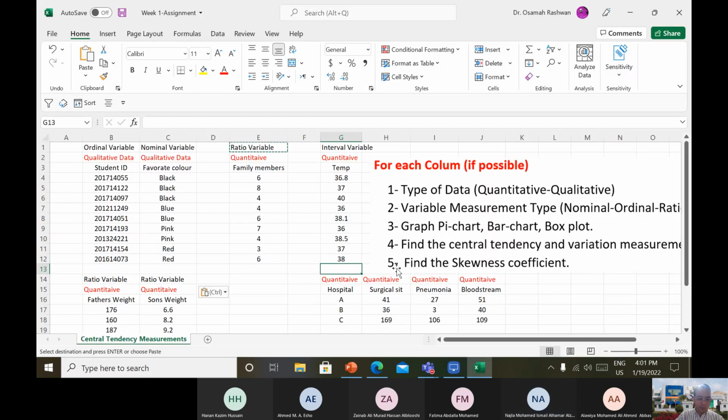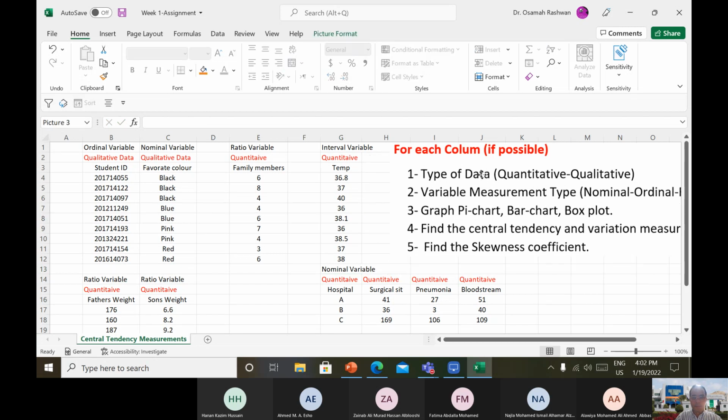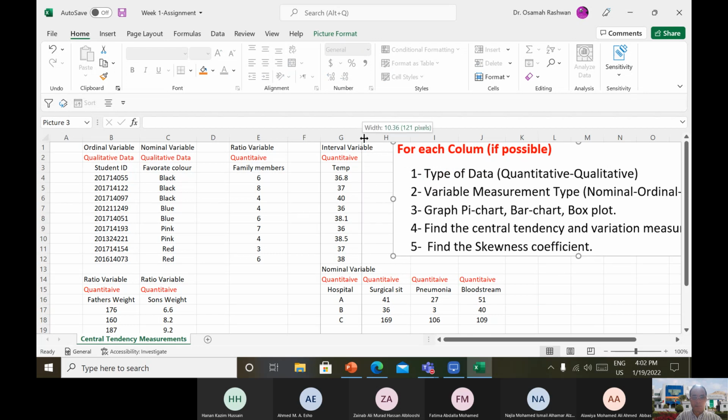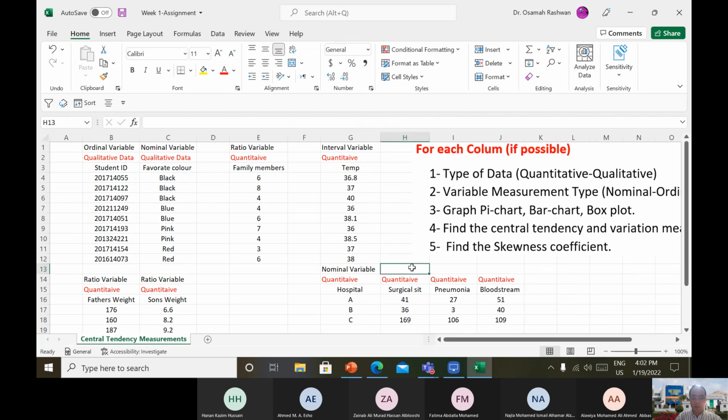Yes, nominal. Okay, what about this one? The number of surgical sets for different hospitals. Can you order the hospitals up to the number of surgical sets? Yes. Yes, doctor. So it will be ordinal. Excellent. Very good.